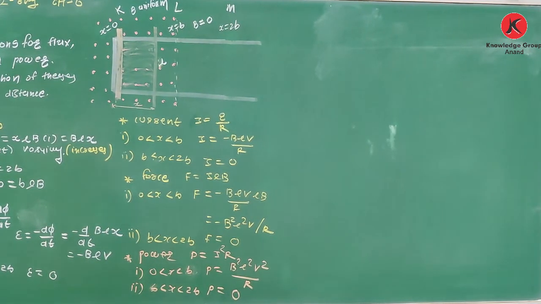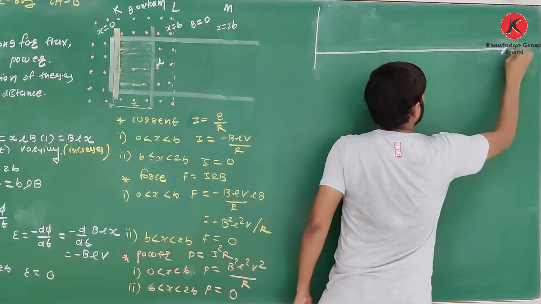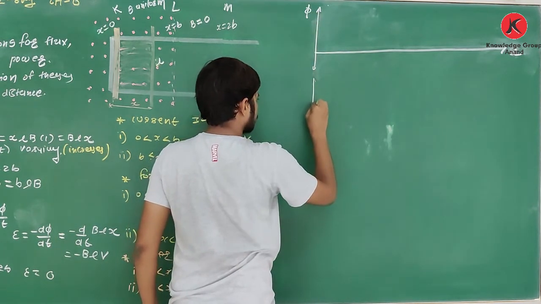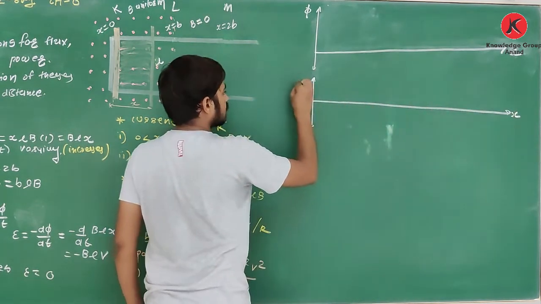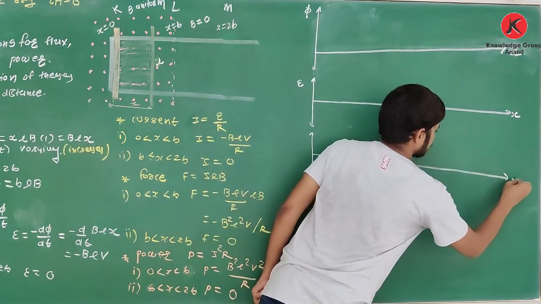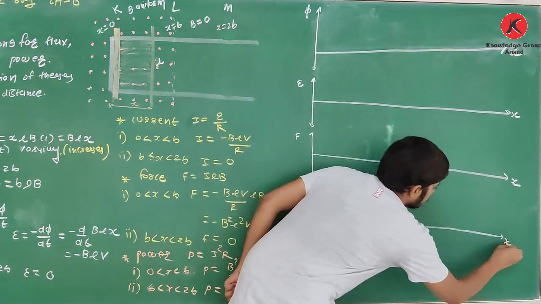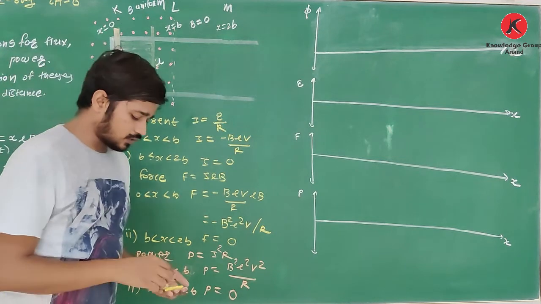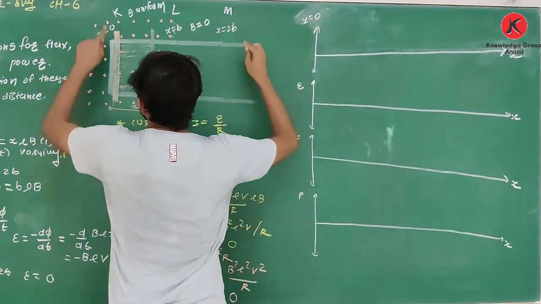Here it is the graph of flux versus distance x. Then here it is the graph of EMF versus distance. Then the graph of force versus distance. Then the graph of power versus distance. Okay, now x is equal to 0.